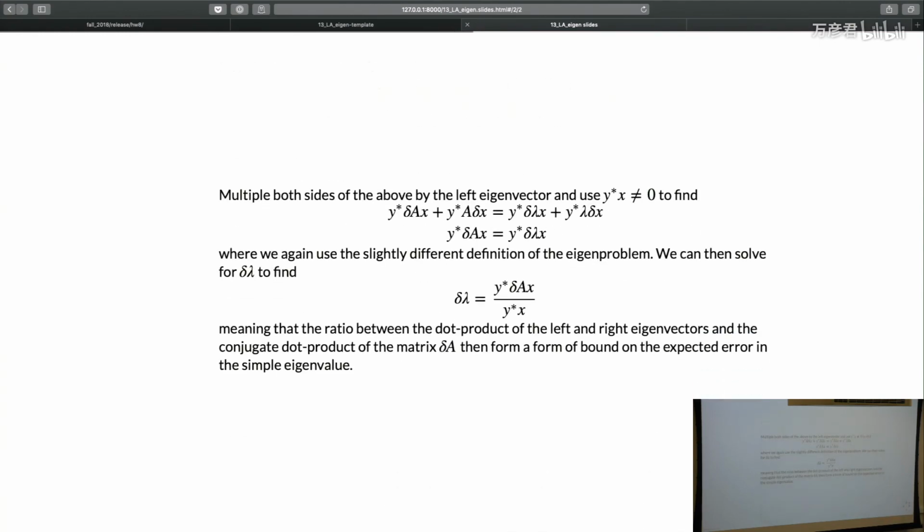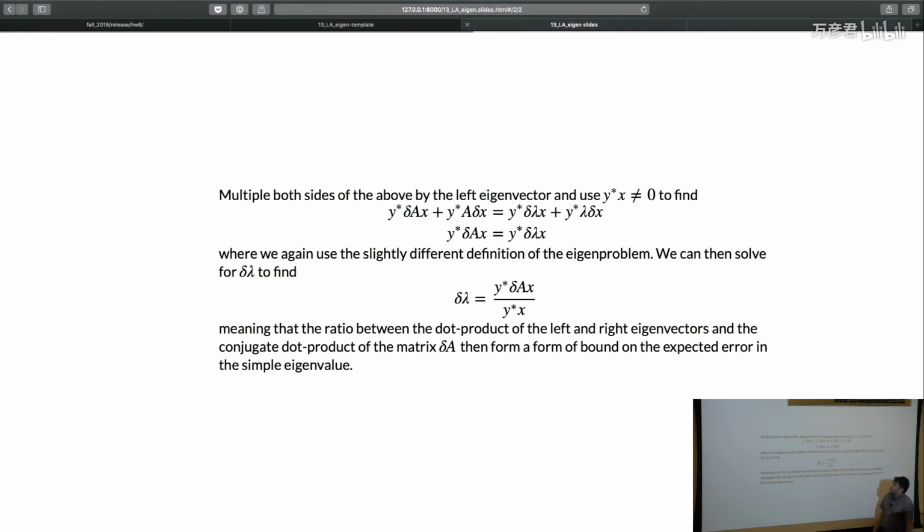And then we're going to multiply by the left eigenvector on both sides. So there you see, okay, I know what this thing is going to be. I can use lots of different identities, and I can again simplify this down. So I have y star delta A x and y star delta lambda x. Okay, so I've gotten rid of basically all of the deltas on the x's and y's, all the eigenvectors.